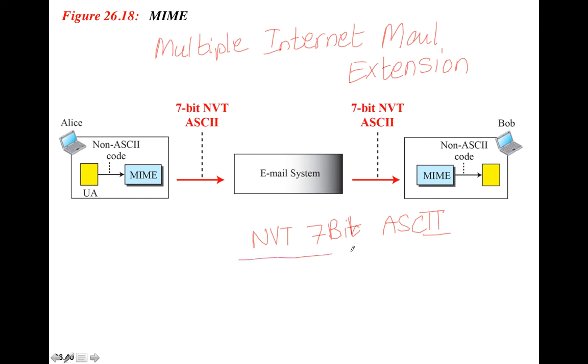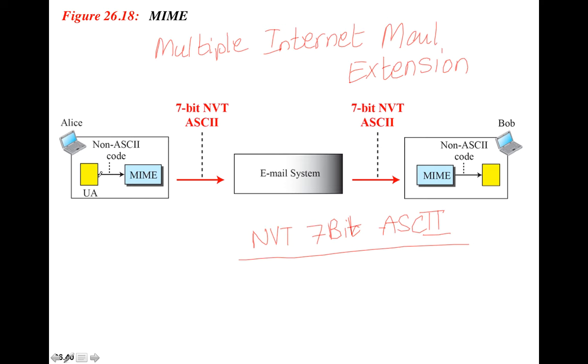Unfortunately, this coding does not support videos, audios, postscripts, or foreign languages. So now, how do we send that information over the email system? In this case, we make use of the MIME protocol or the MIME extension.